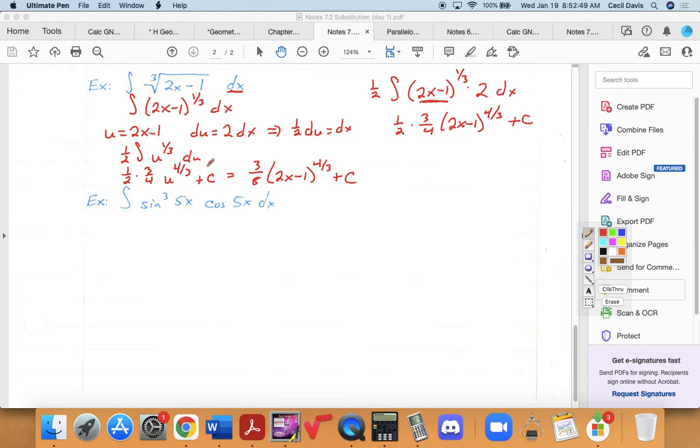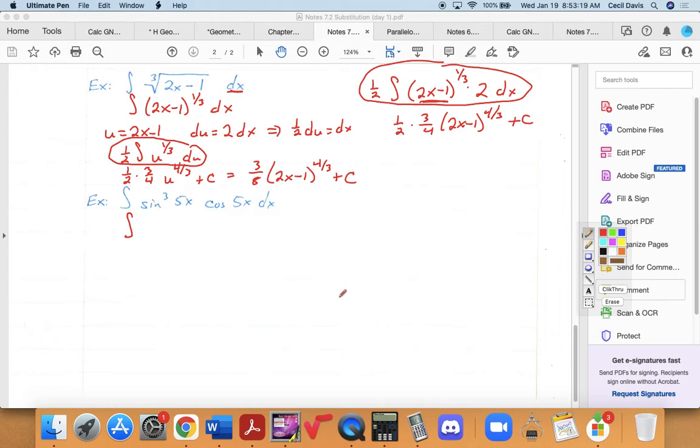But again, this is easier to look at than this, right? And at first, at least, that's the primary usage of u substitution, is to make things easier to look at. All right, last one. For this one, you're like, what the heck am I supposed to do there?